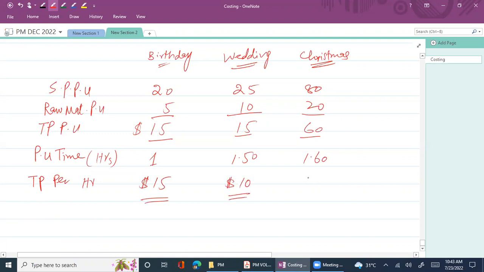And what is the answer of 60 over 1.6? We will be dividing.